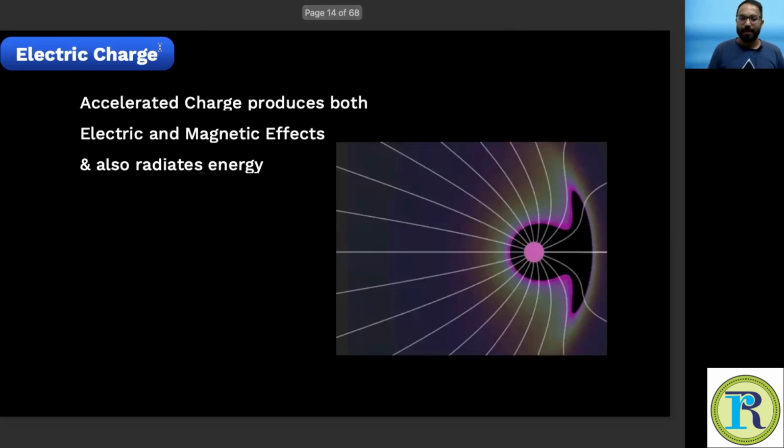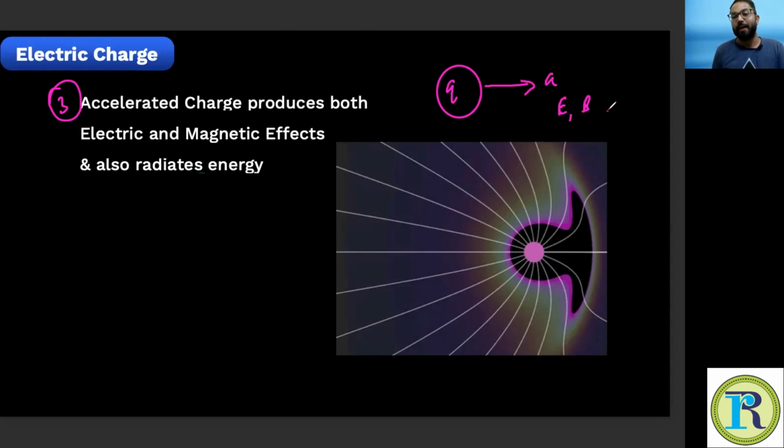Now let's talk about the third point. If a charge Q is moving with some kind of acceleration, then it will produce an electric field plus a magnetic field, and it will radiate energy also.